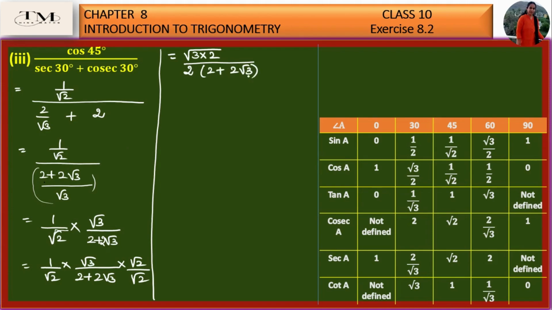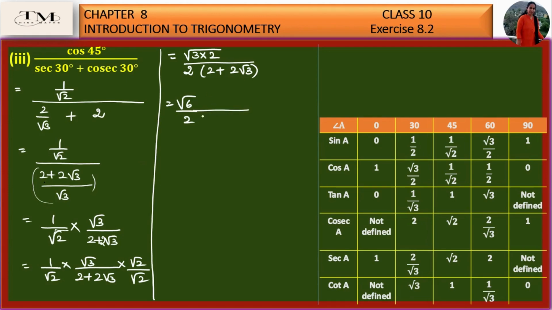Now we have to remove this square root 3. So this is in addition. So we have to multiply by the conjugate. Conjugate means this plus will change to minus. So 2 plus 2 root 3, its conjugate is 2 minus 2 root 3. So we have to multiply and divide by 2 minus 2 root 3. So in the numerator it is square root of 3 into 2, 6, divided by 2.